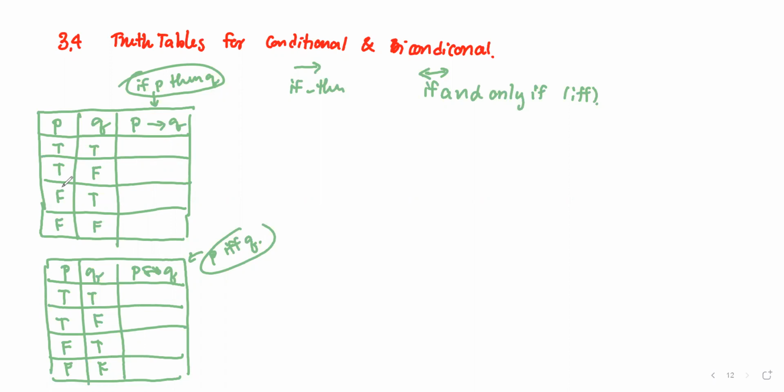Okay. And by the way, in if P then Q, P is called the antecedent and the Q is called the consequent. Or you can call it cause and effect, P happens first and Q happens later as a consequence of the event P that occurs.